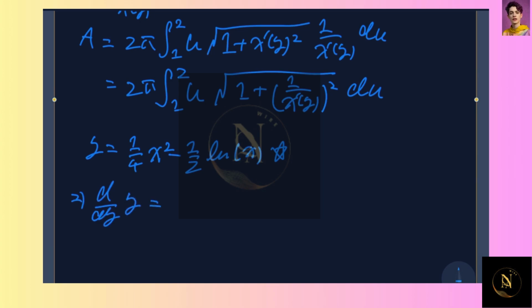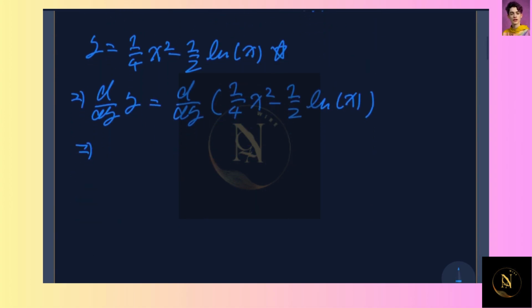d/dy of y equals d/dy of 1/4 x squared minus 1/2 ln x. The left side is just 1, and the right side becomes 1/4 times 2x times x prime minus 1/2 times 1/x times x prime.